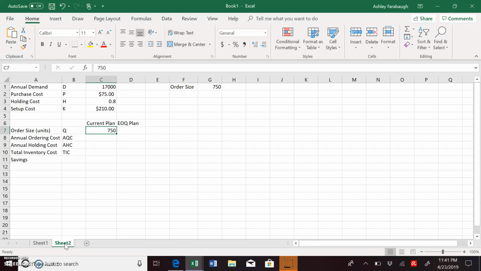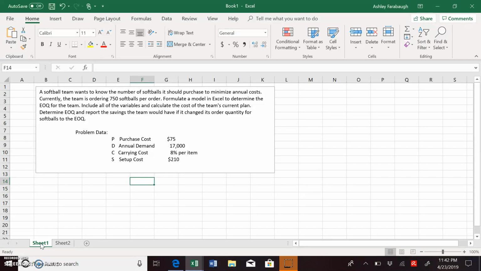So in the first few rows for Excel, I have our annual demand, 17,000, our purchase cost, $75, our holding cost is 8%, and our setup cost is $210, and I have our order size, 750. And again, you can get all this information on sheet 1 looking at the problem.